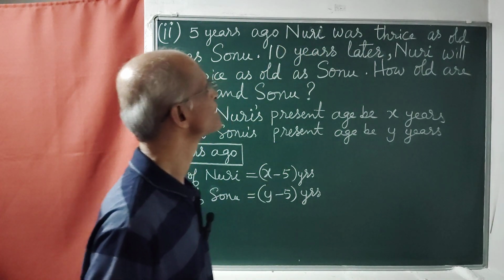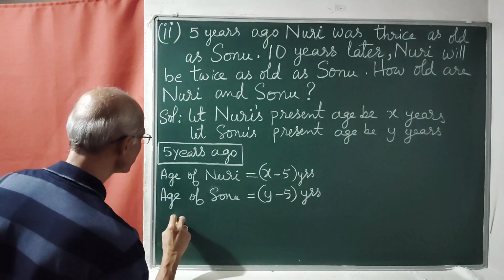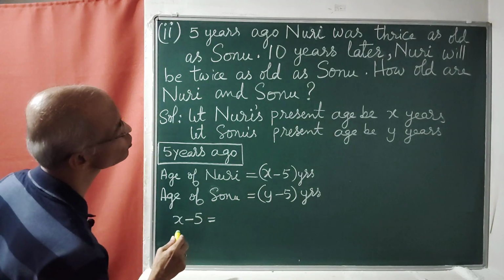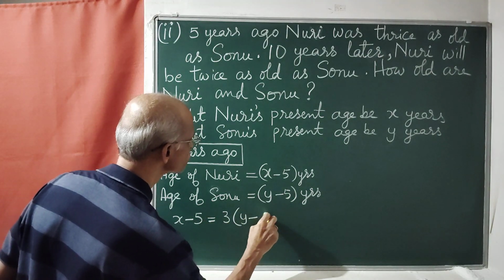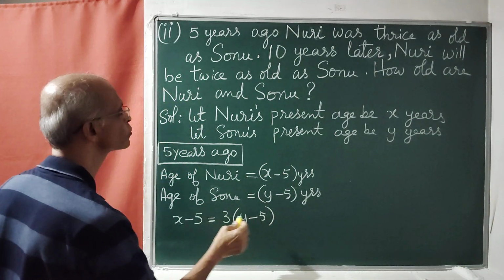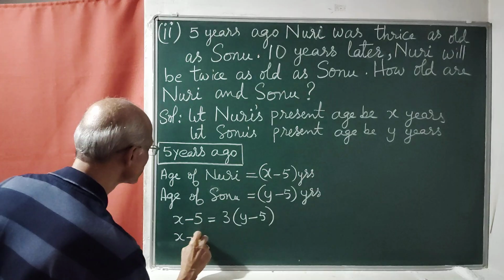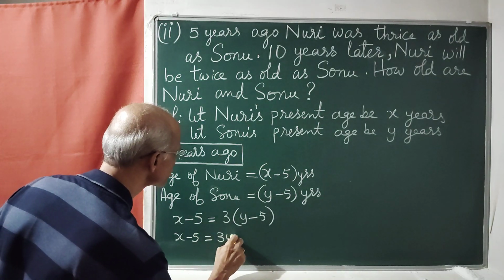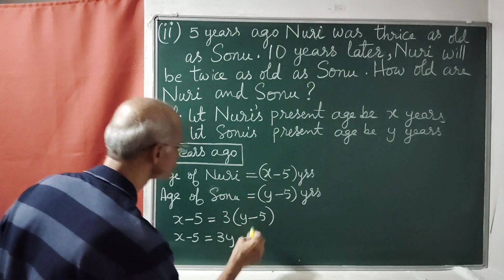Noori was thrice as old as Sonu. Thrice means into 3. So X minus 5 will be equal to 3 into Y minus 5, that is 3Y minus 15.